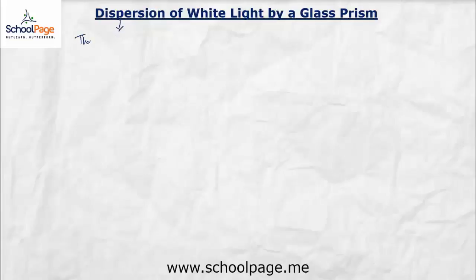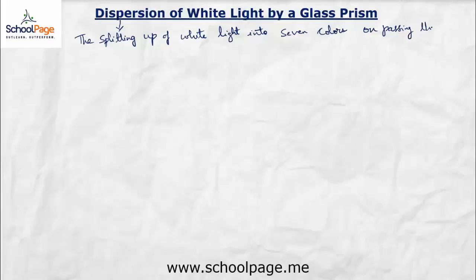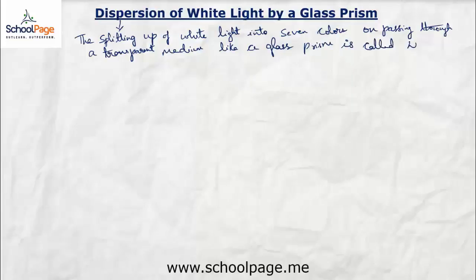Dispersion is the splitting up of white light into 7 colors on passing through a transparent medium like a glass prism is called dispersion.